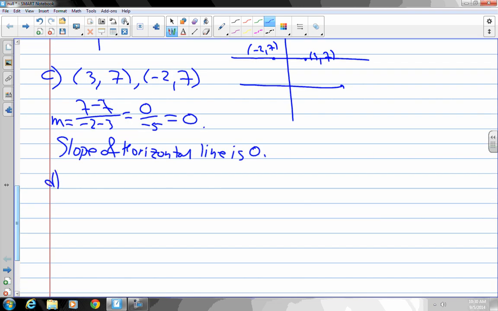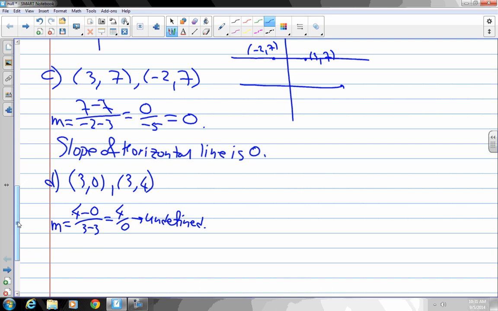And at the same time, if I do an example like this, 3, 0, 3, 4, so no change in x, what kind of line will that be? Vertical. But right now it is 4 minus 0 over 3 minus 3, so that's 4 over 0. Well, that's undefined. So the slope of a vertical line is undefined.